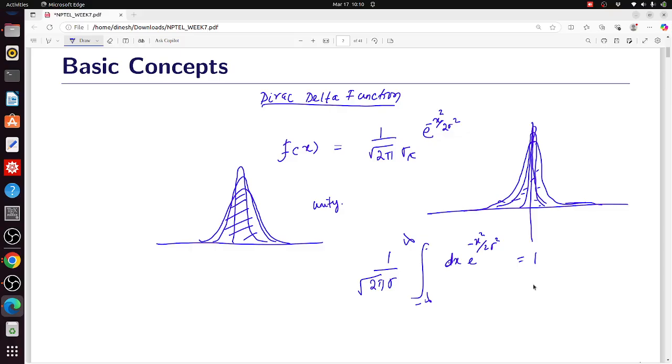This sequence of functions goes to the Dirac delta function when sigma tends to 0. The function itself takes an infinite value at x equal to 0 and 0 everywhere else. Its width is 0, so it is a weird kind of function. The key property, though, is that the area under the curve remains unity.